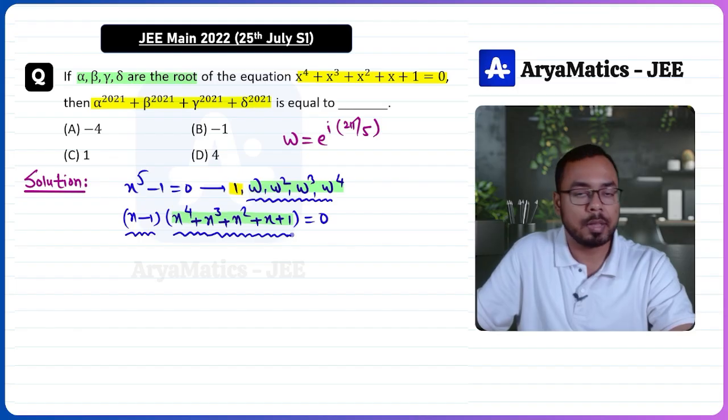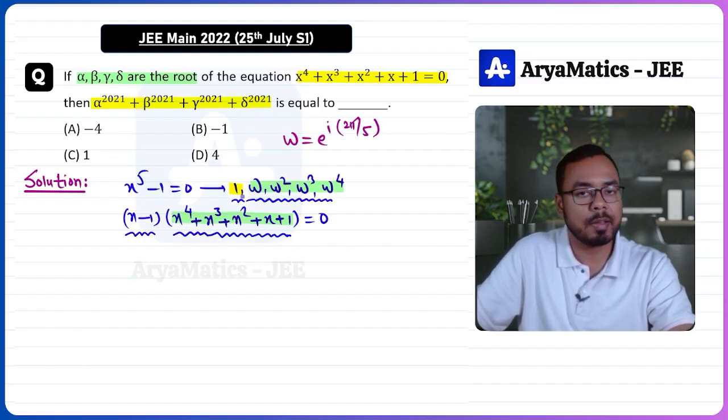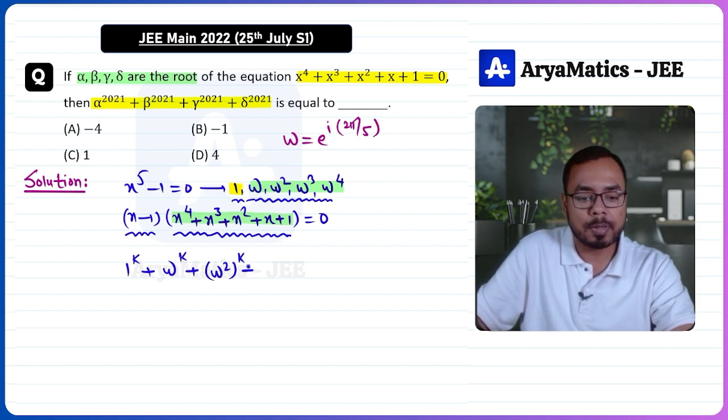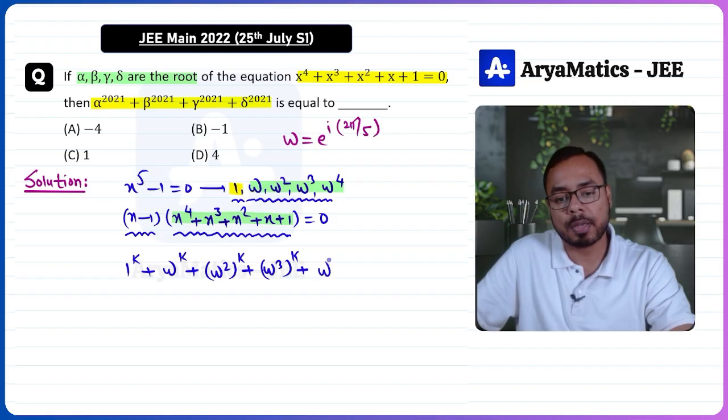And now there is one important property of nth root of unity. Let us say I have fifth root of unity and I calculate the kth power of these roots. That means 1 raised to k plus omega raised to k plus omega square raised to k plus omega cube raised to k, and finally the last term is omega raised to 4, and this raised to k.